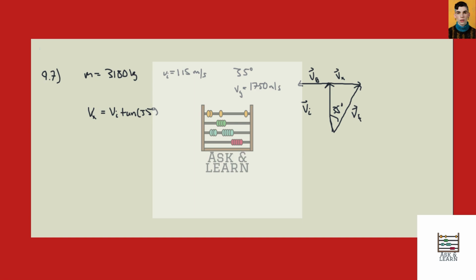So we have the momentum perpendicular before is going to equal the momentum perpendicular after, because we know that the momentum has got to be conserved here.